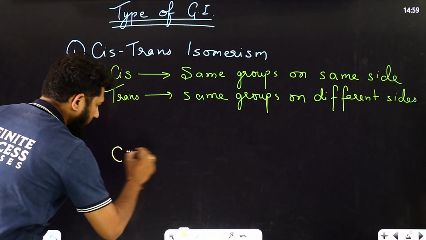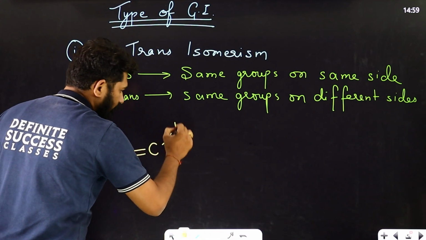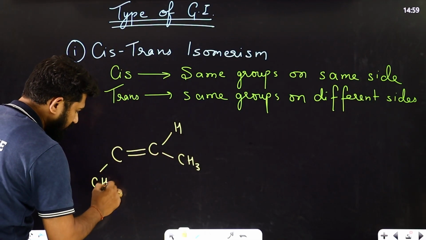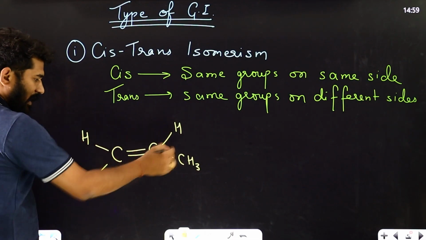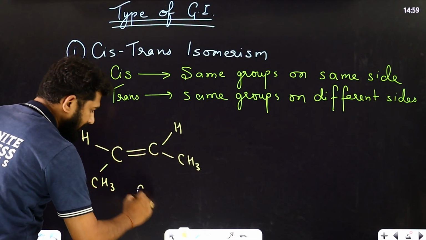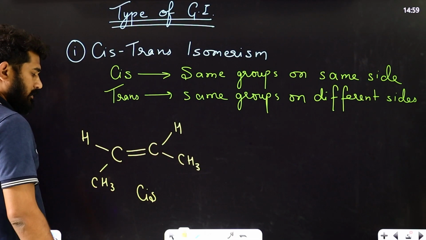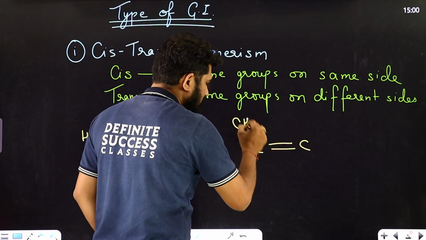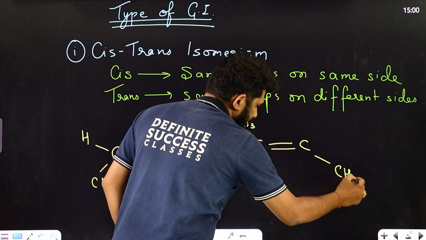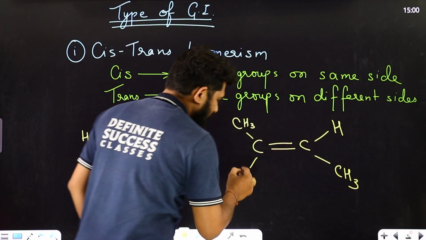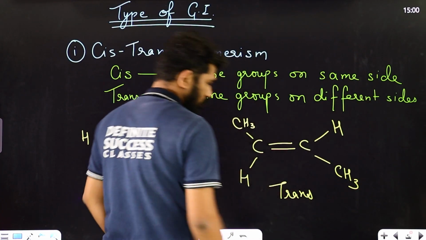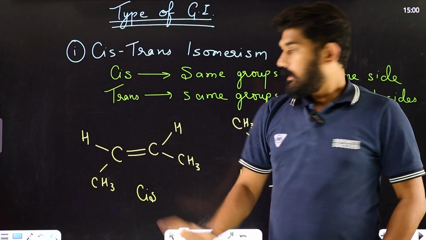If I talk about this particular compound having CH3 as the attached group on the same side and H, H on the other side, then this represents a cis isomer. Whereas the trans isomer can be drawn like this, where CH3 and CH3, the same groups, are on different sides. This would be your trans isomer, right? Is that understood?